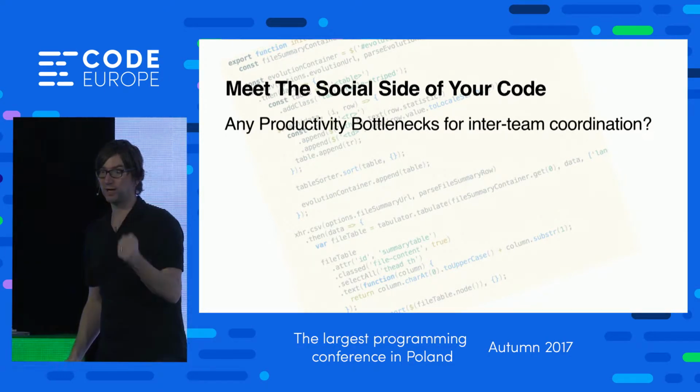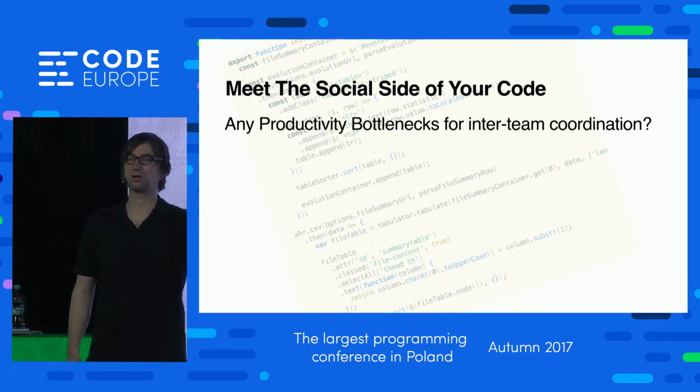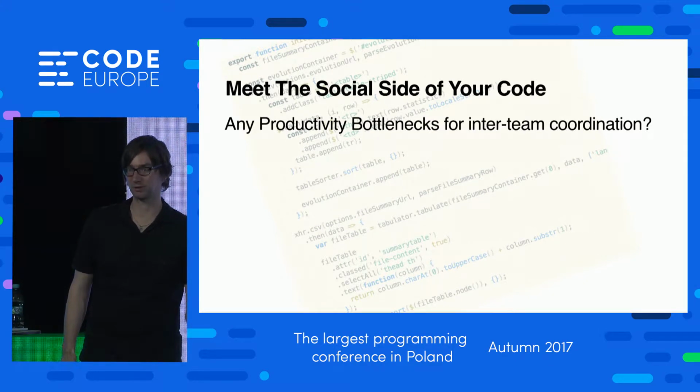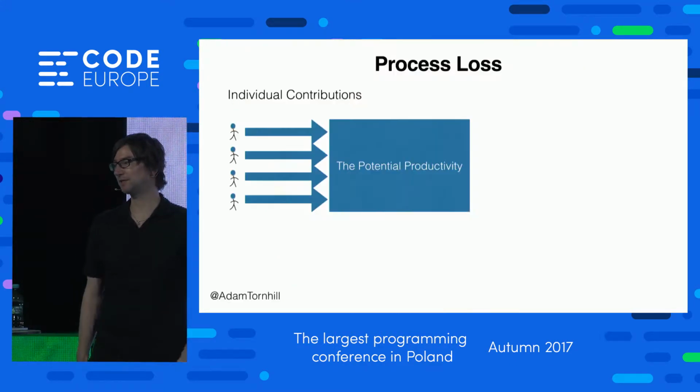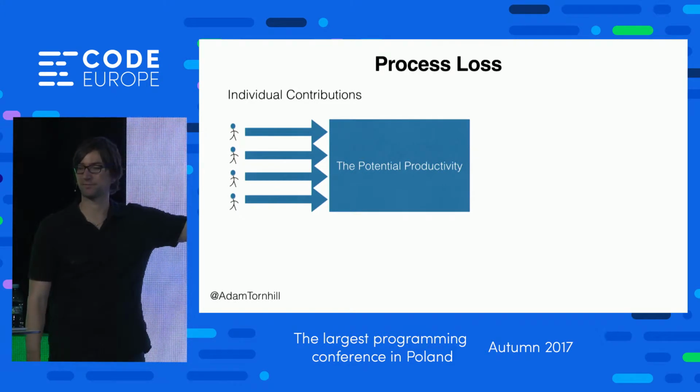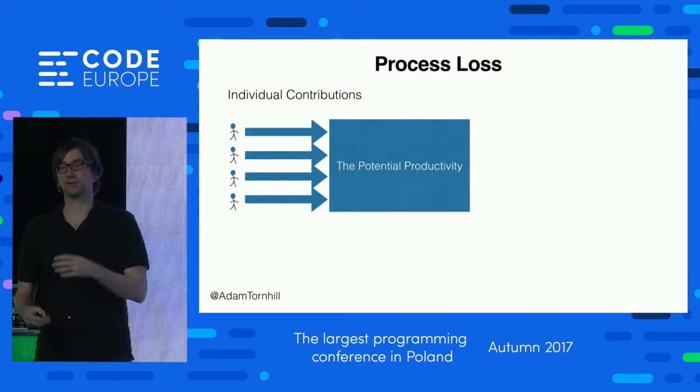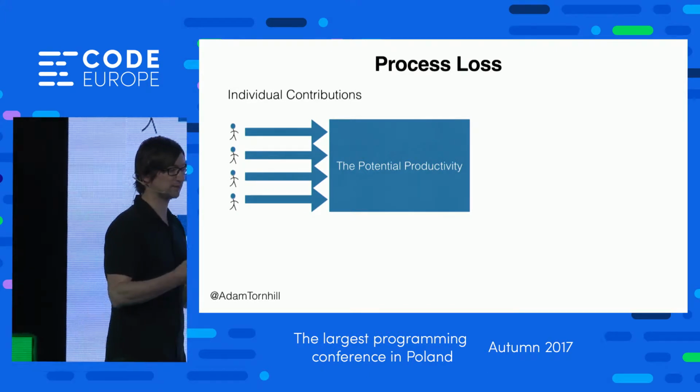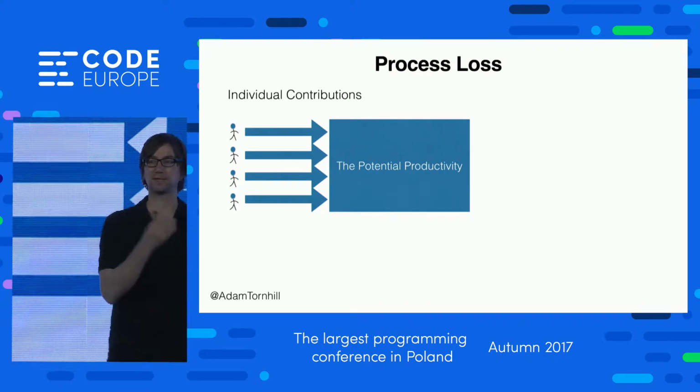However, what we rarely talk about is that teamwork always comes with a cost. And that cost is something that social psychologists refer to as process loss. Now, process loss is something that social psychologists themselves have stolen from the field of mechanics.